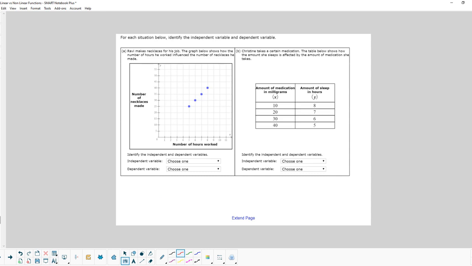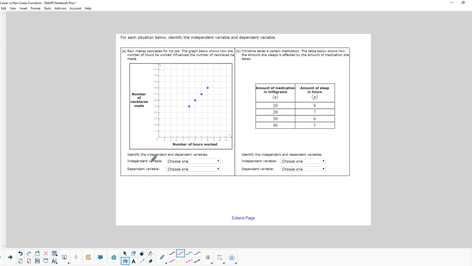Okay, here's another really classic ALEKS example. For each situation below, identify the independent variable and the dependent variable. So in this case, the x variable is the independent variable.